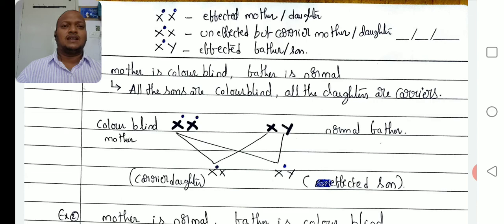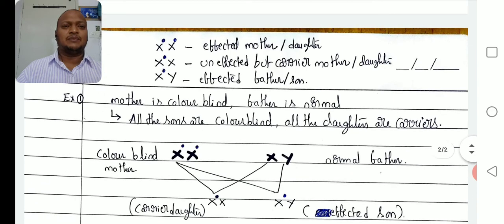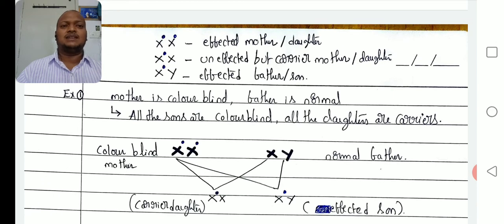So in example 1, mother is colorblind, father is normal means all sons are affected, colorblind, and all daughters are carriers. You can take another also: X^c X^c crossed with XY. All daughters are carriers and all sons are colorblind.